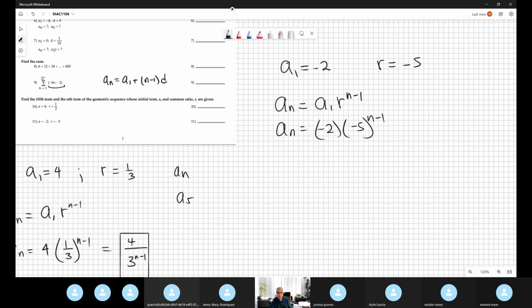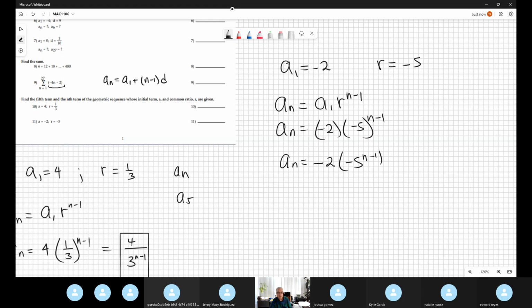Okay, so leave it like that because you cannot say negative and negative is positive, since depending on the exponent, whether it is even or odd. So much better to leave it like that. Negative 2, you can remove that parenthesis maybe, and negative 5 to the n minus 1.